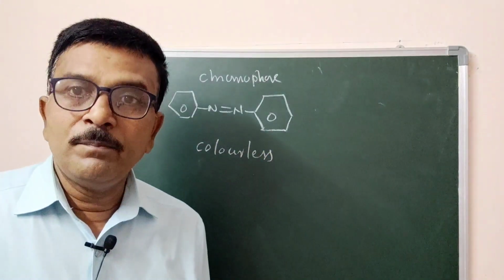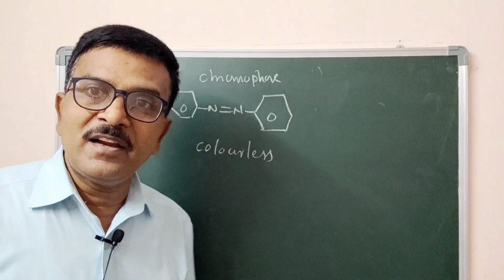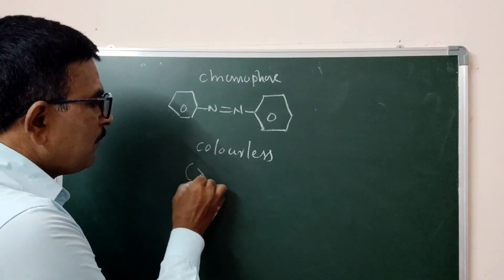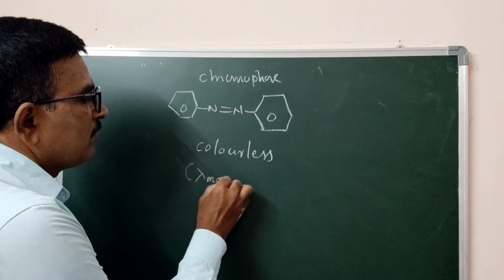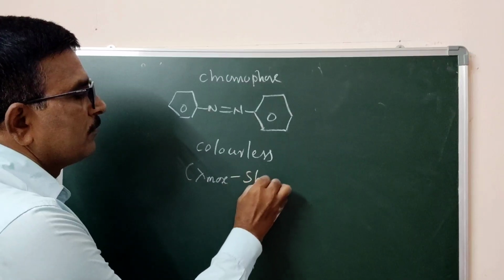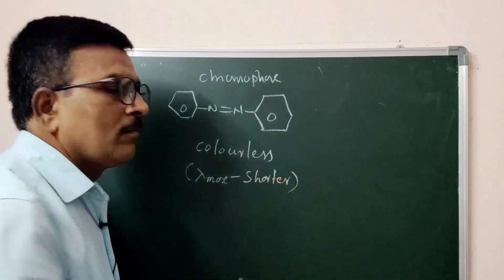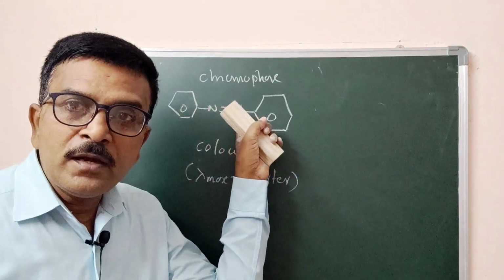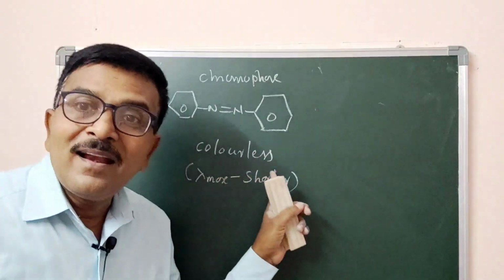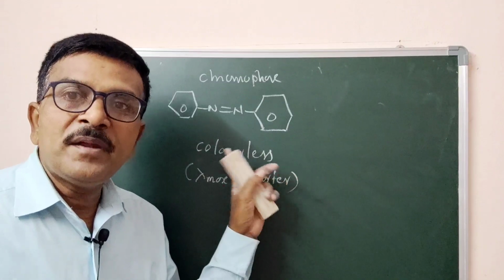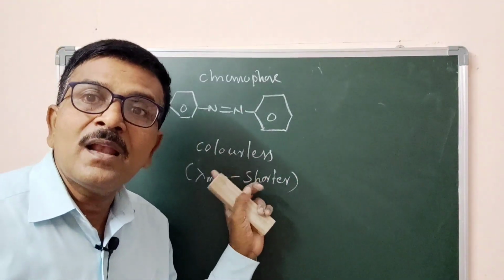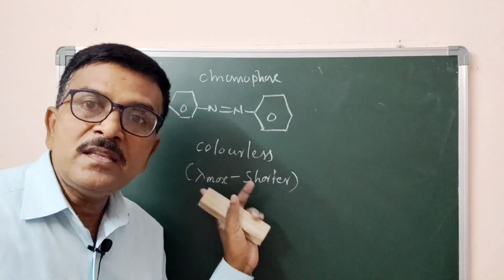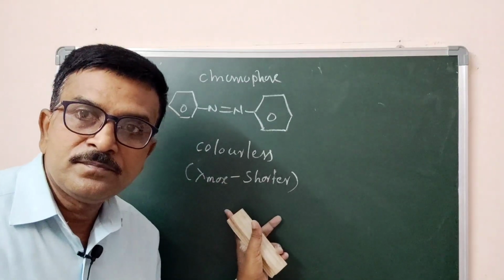It is colorless because it absorbs in the ultraviolet region. That is, lambda max is shorter. Now the whole molecule is chromophoric and it is colorless. Why is it colorless? Because it absorbs energy in the ultraviolet region, where the wavelength is shorter.